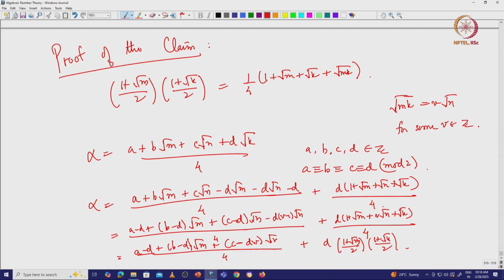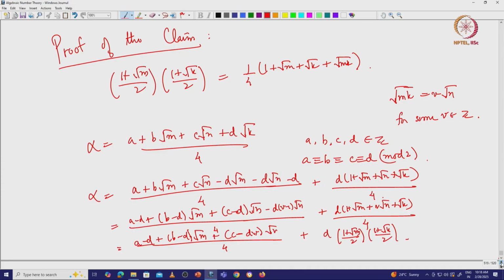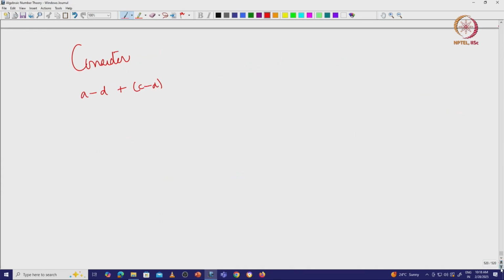So, let me write that on the next page. So, consider a minus d plus c minus d, I hope I am getting this right, b minus d. This should be b minus d square root of m plus c minus dv square root of n by 4.